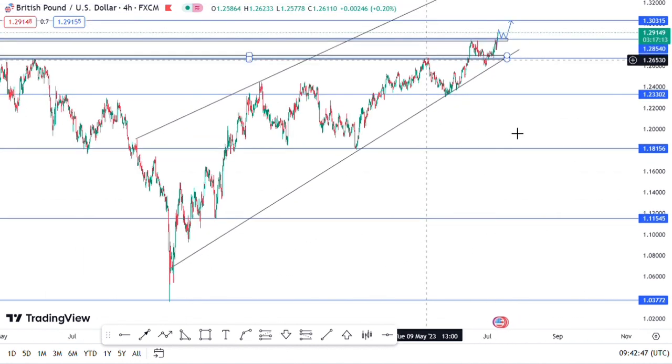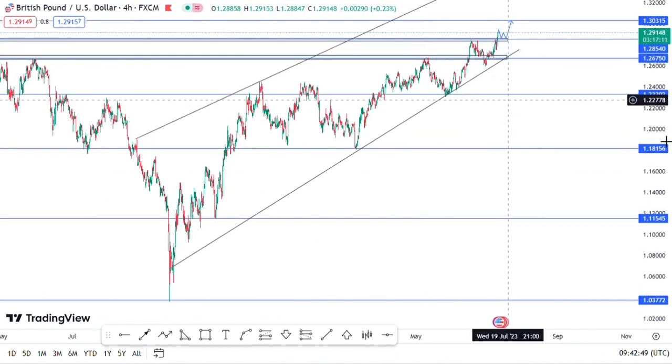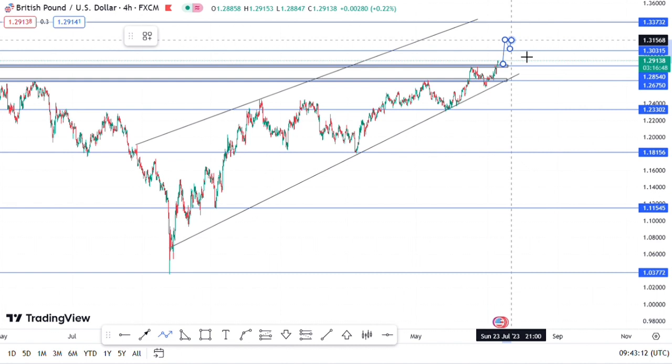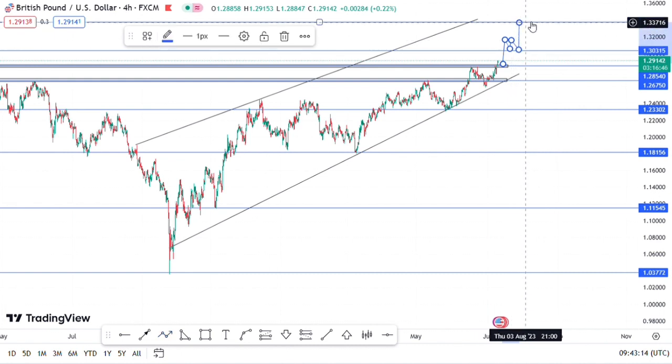But remember, if you are not scalping, if you're not swing trading, you gotta take profits at the nearest resistance or support. But if you are scalping, you are just going to hold your trade, move your stop loss to entry, and then expect another correction and push towards the upside.